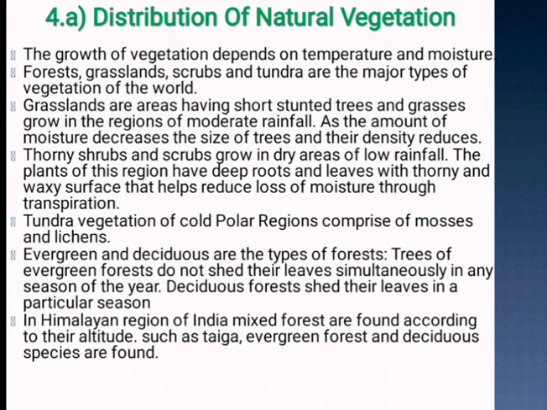So in order to preserve the water resources, the deciduous forest sheds its leaves in one particular season. That type of forest is called deciduous forest. In the Himalayan region of India, mixed forests are found according to their altitude, such as taiga, evergreen forest and deciduous species.